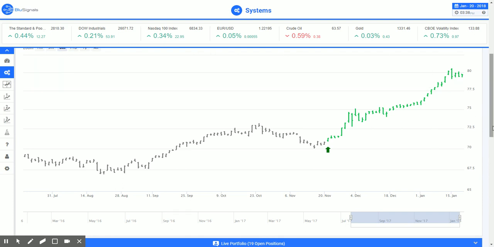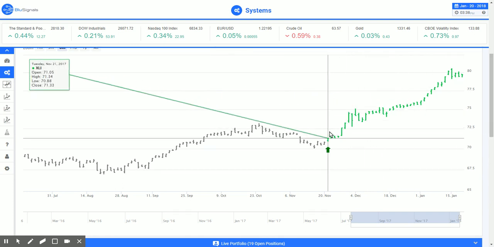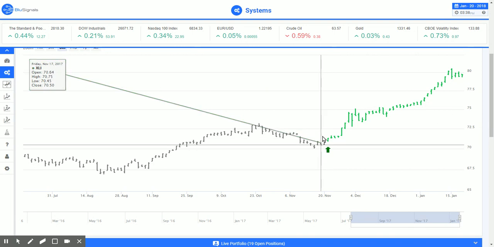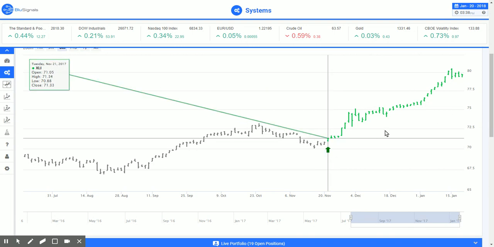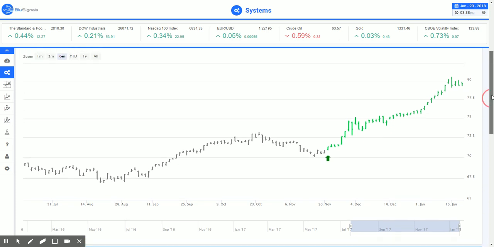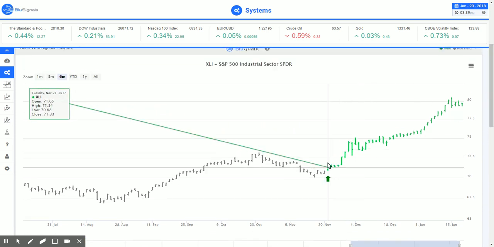So here, just as was reflected in the table below, the signal for the XLI to buy occurred on November 21st.